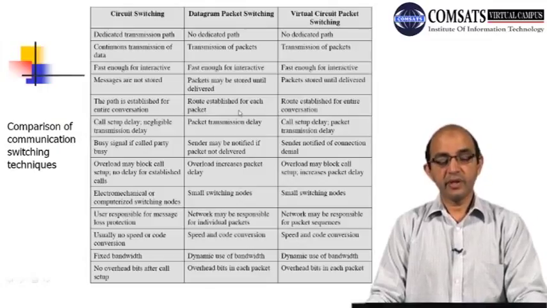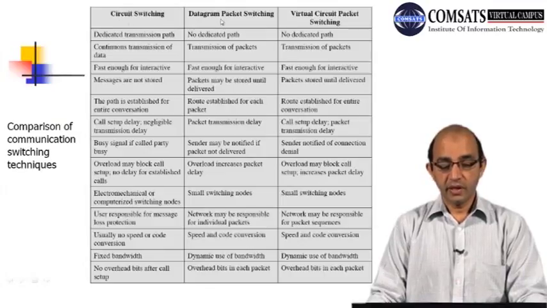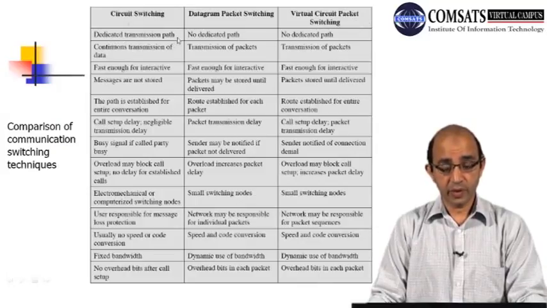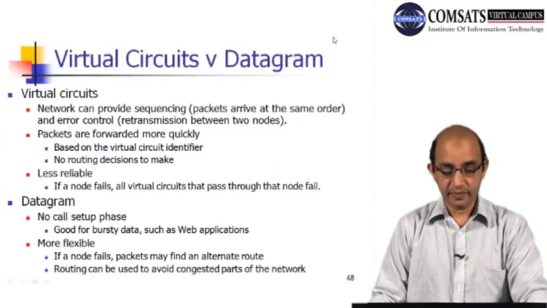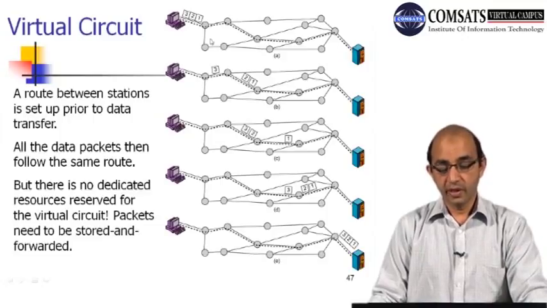So here we have the whole comparison between circuit switching, Datagram packet switching, and virtual circuit packet switching. A dedicated path is required in case of circuit switching. In case of Datagram, no dedicated path is required, right? In case of virtual circuit, although we have mentioned that the virtual circuit has to be established, we don't need a fixed path, right?